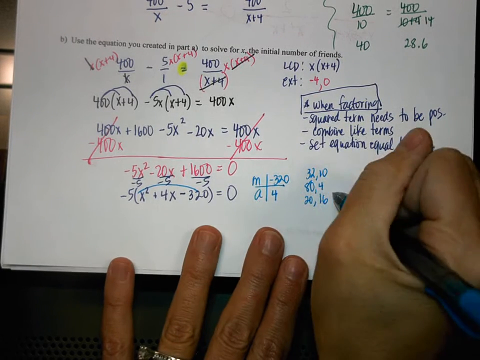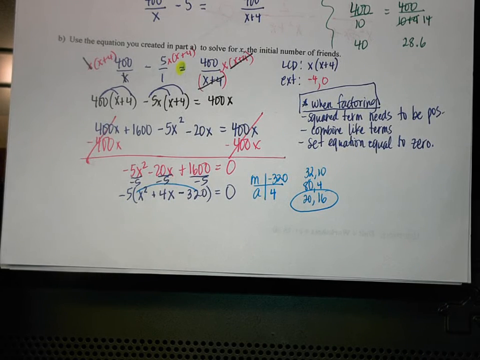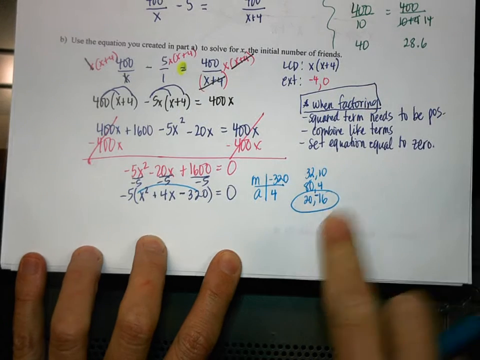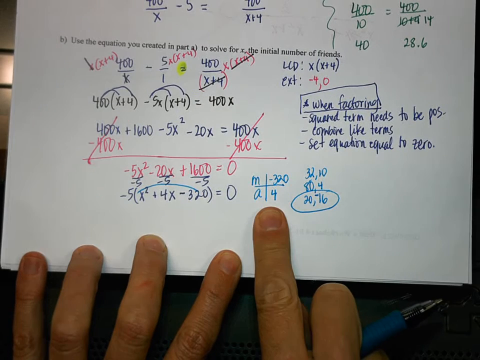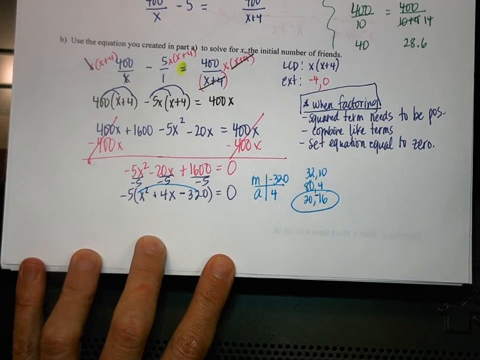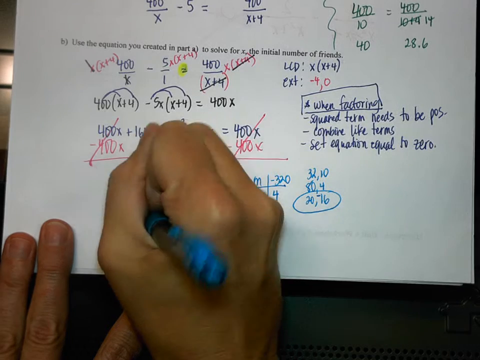Okay, but with these numbers, which one has to be positive and negative? The 16 has to be negative in order for these to subtract to make a positive 4. And then they multiply to make the negative 320. Can I use my shortcut? Yes. So we have negative 5, and then I make my parentheses.